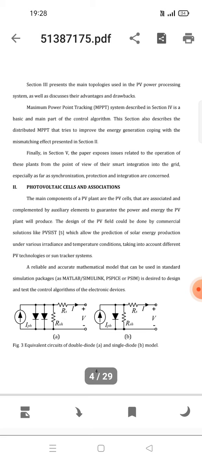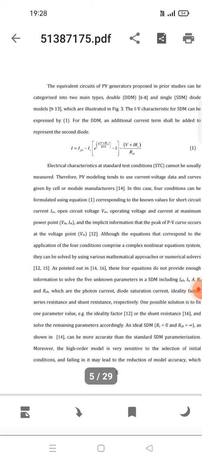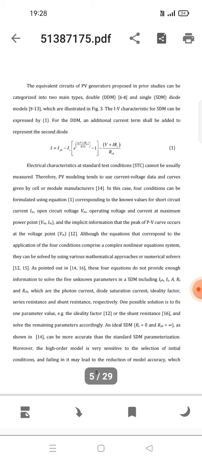Therefore, an accurate mathematical model that can be used for standard simulation is desired to design and test control algorithms of electronic devices. Equivalent circuits of the double diode model and single diode model. The equivalent circuits of PV generation proposed in studies can be categorized into two main types, double diode and single diode.